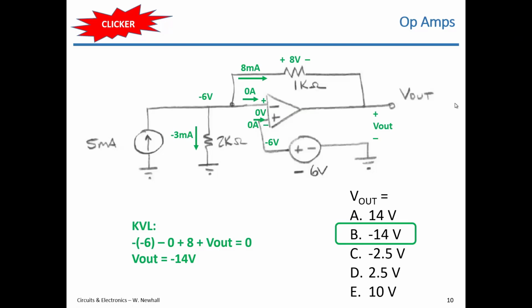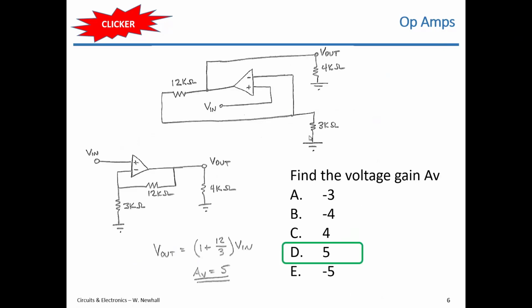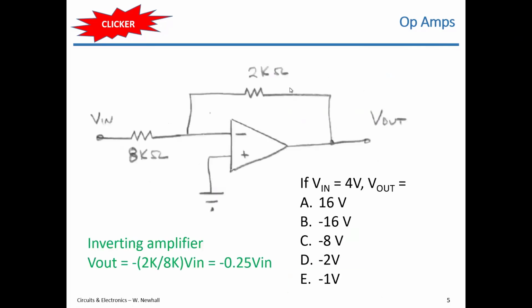So that's typical of an op amp circuit with negative feedback where you just don't recognize the circuit. If I go back to the previous problems, if you didn't recognize this as a non-inverting amplifier, you could have just solved it like we just solved that last problem. If you didn't recognize the inverting amplifier, you could do the same thing.